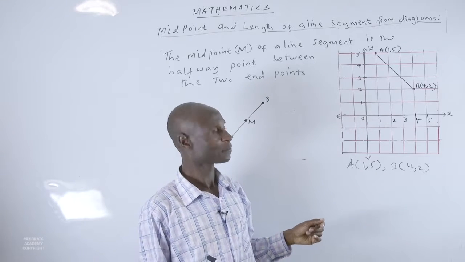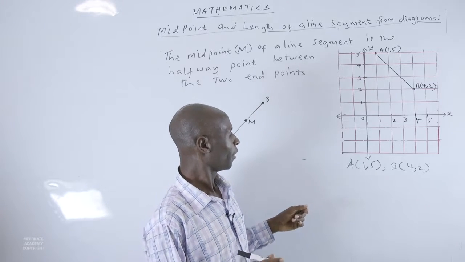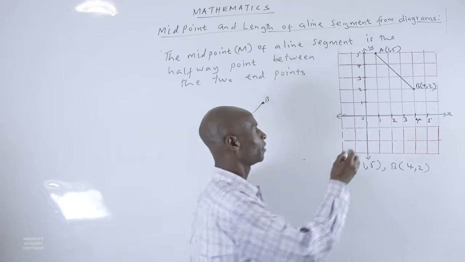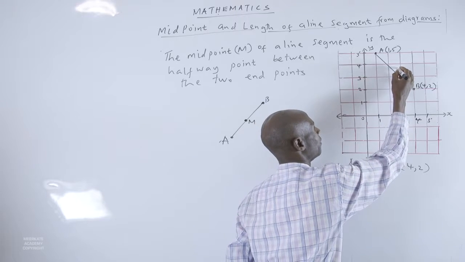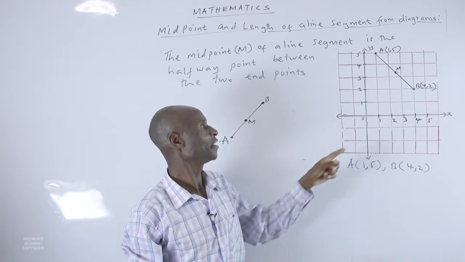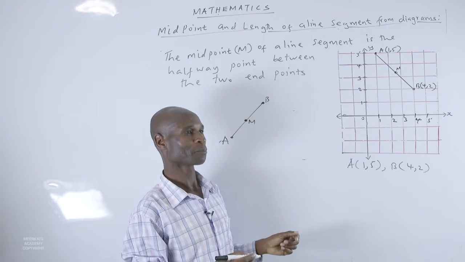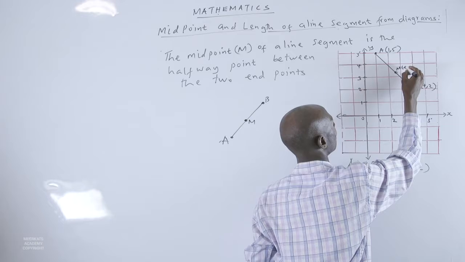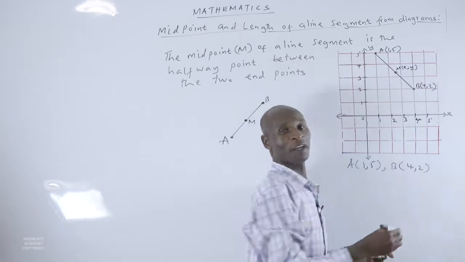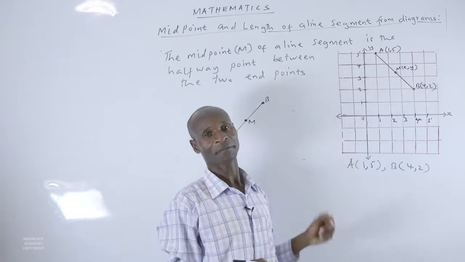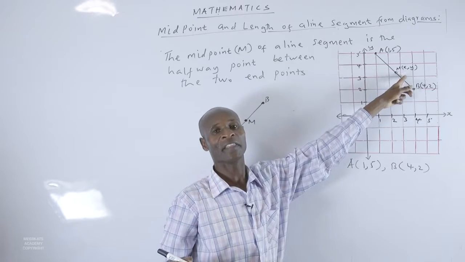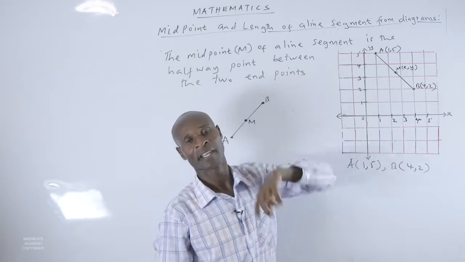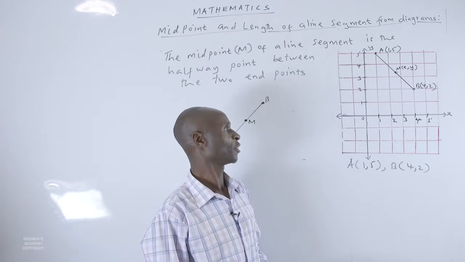So in that case, we establish that the midpoint is identified as point M, whose coordinates will be X, Y, where X represents the X coordinate for the midpoint and Y represents the Y coordinate for the midpoint.